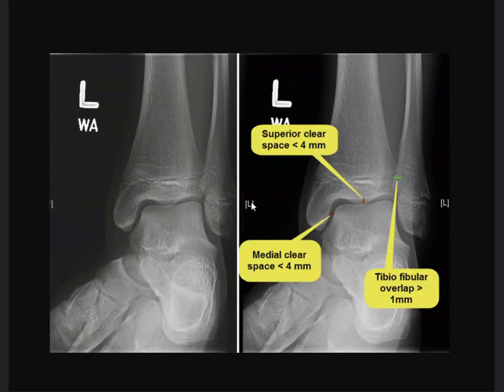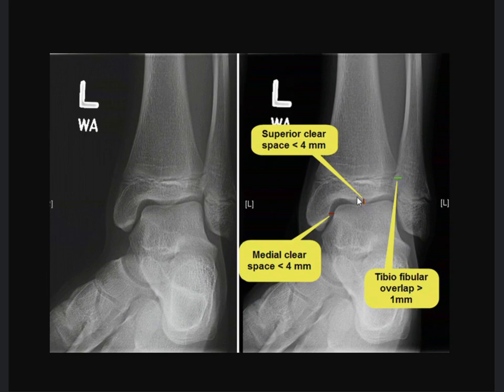So if we look again, kind of looking at the spaces we're looking at. The medial clear space, as we call it, would be this space on the inside part where that talus and that distal tibia meet. That would be evaluating if there's a possible injury to the deltoid ligament itself. We want that medial clear space, again, to be less than 4 millimeters. This is a mortise view, so we want that distal tibial overlap on the fibula to be at least 1 millimeter or more.